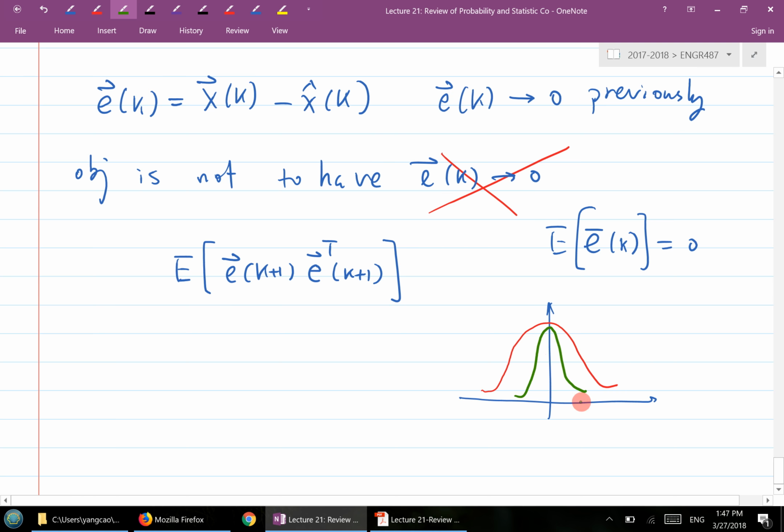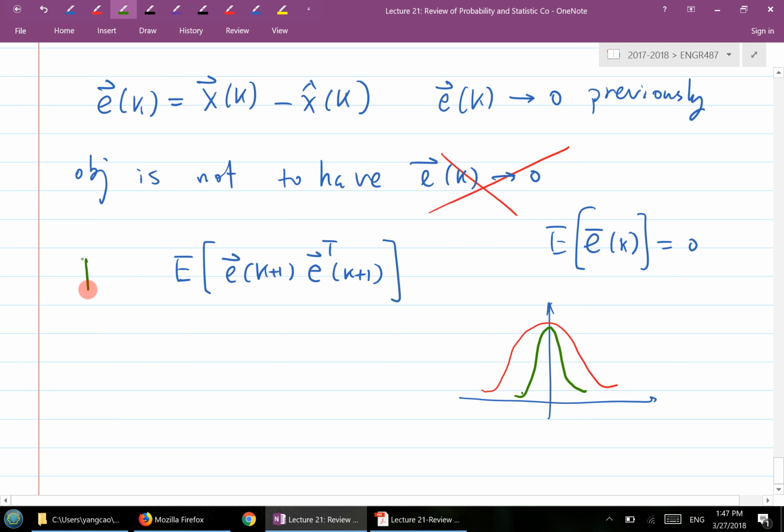The green one, because it has less variance. I'm using a scalar here, but if it's a vector, then you have the writing over here. So the idea is not to be bothered about whether this is going to be 0 or not. The idea is to minimize the variance of the estimation errors.